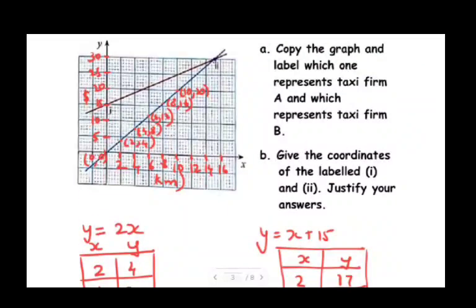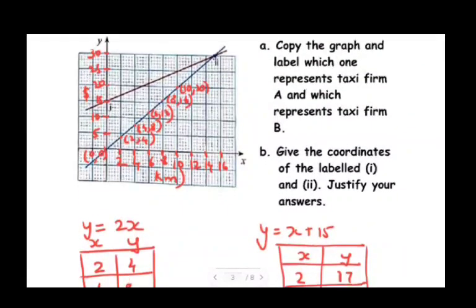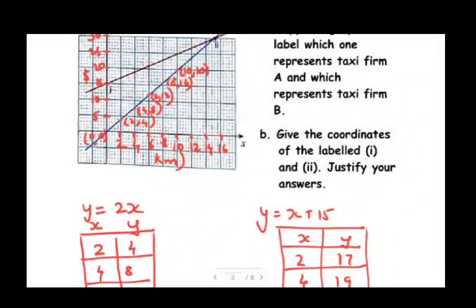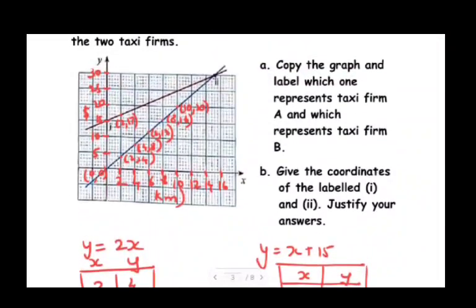Right? And now for the next one, 2 and 17. So 2 and 17. Correct, children? Then we have 4 and 19. Where do I write 4 and 19? I shall write it here. This is 4 and 19.